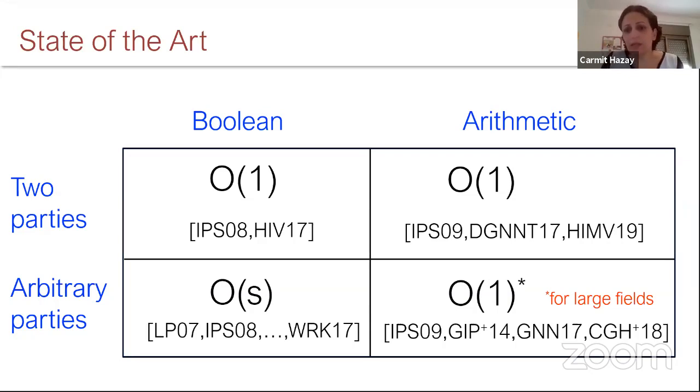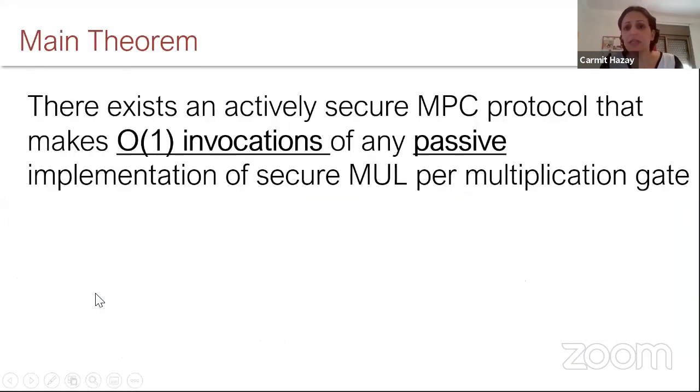The overhead over GMW is polylog in the statistical parameter and the size of the circuit. For the arithmetic setting, current techniques know how to achieve constant overhead over passive for the GMW protocol in the OLE hybrid. So given this state of the art, this is what we achieve in this work. We show a compiler that compiles passive to active using a constant number of calls to this fmult functionality, where the implementation of this fmult should only be passive.